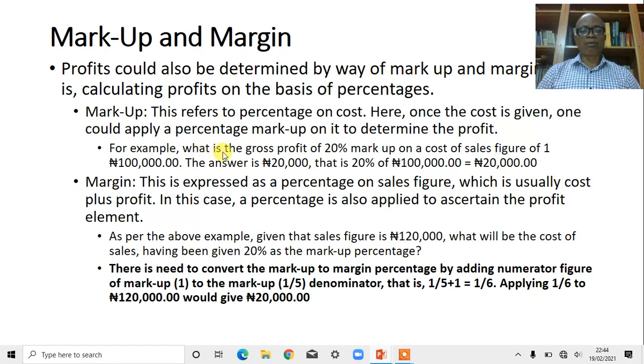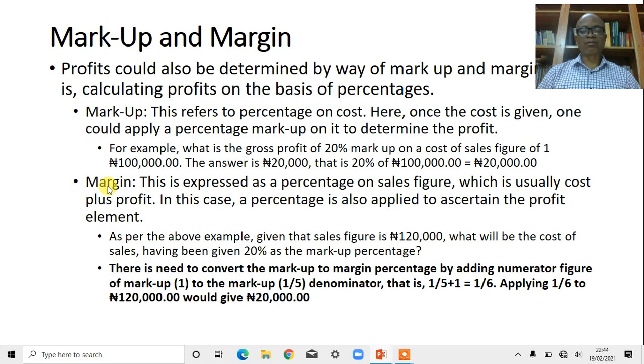What is the gross profit of 20% markup on a cost of sales figure of 100,000 naira? The answer is simply 20,000. That's 20% of 100,000, which gives you 20,000 naira. So when you mark up, it gives you the gross profit, using a particular markup percentage.